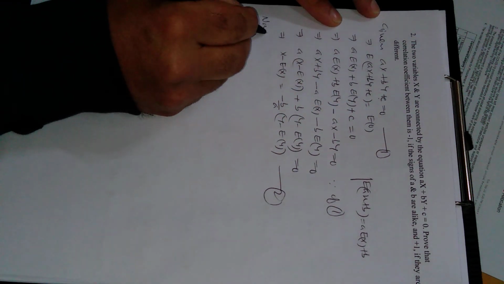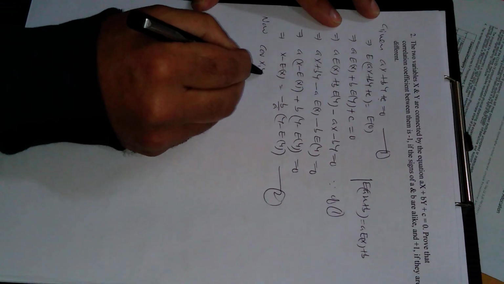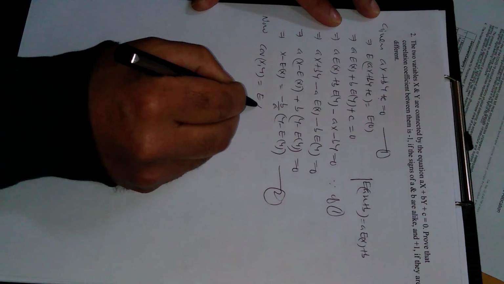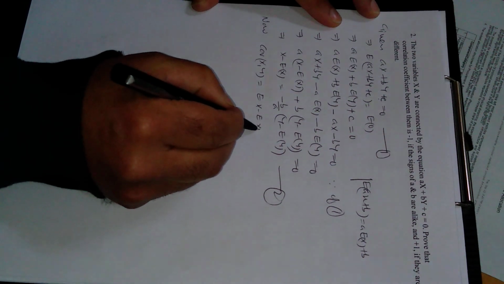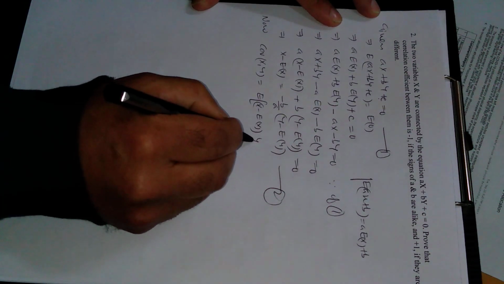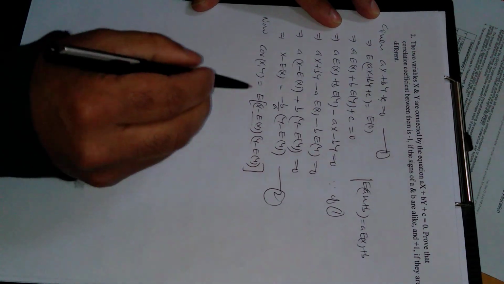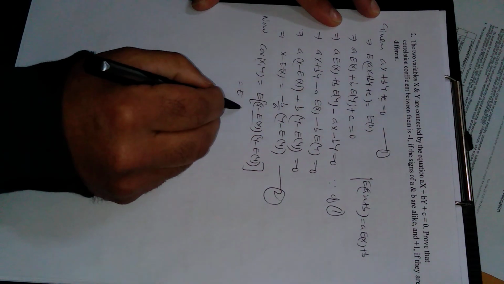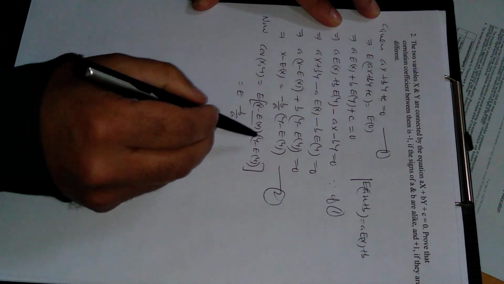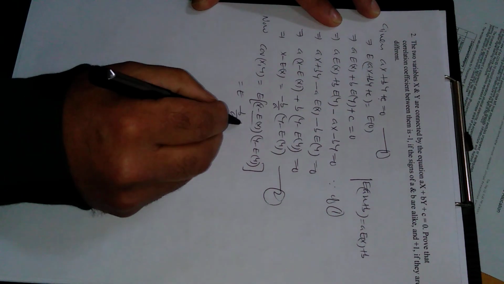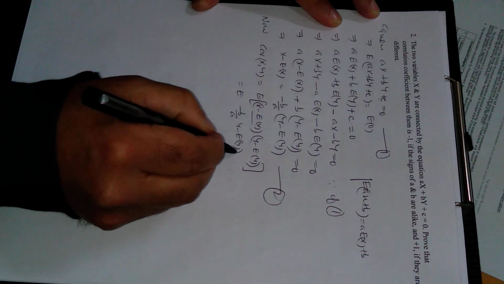Now we know covariance between x and y is the expected value of x minus E of x into y minus E of y. Substitute the value of x minus E of x from equation 2. This will be minus b upon a times y minus E of y whole square.